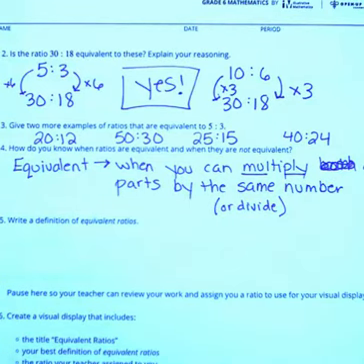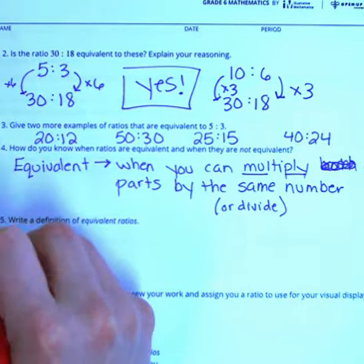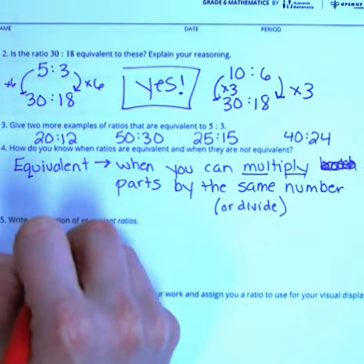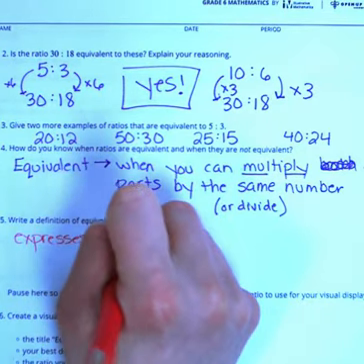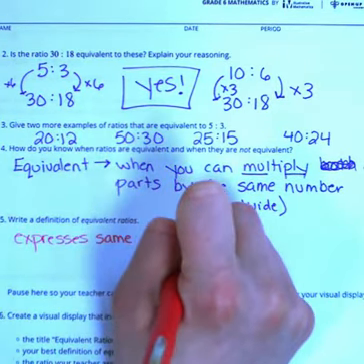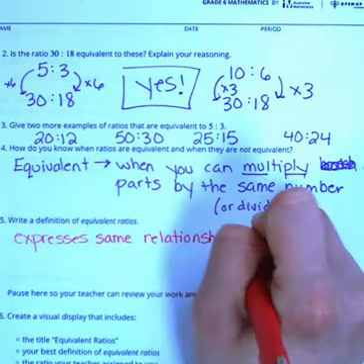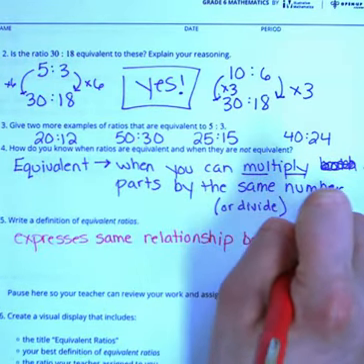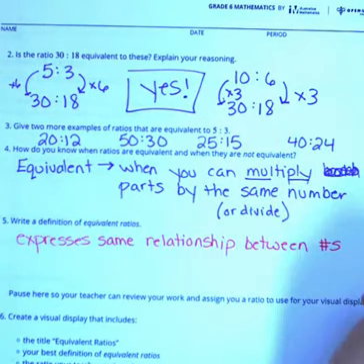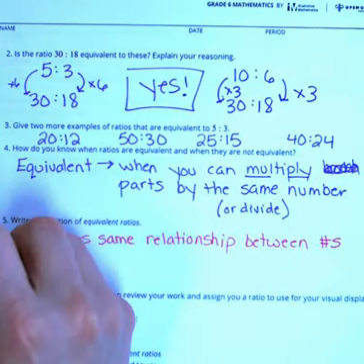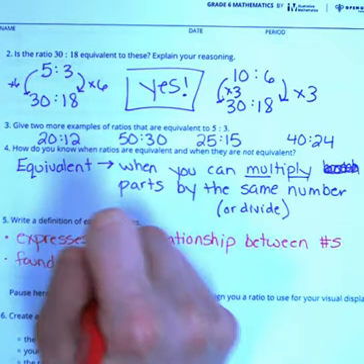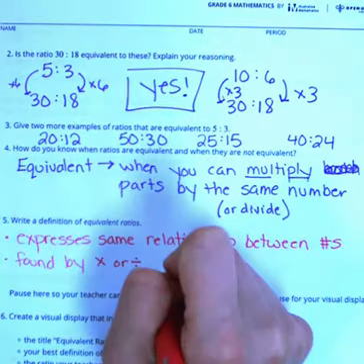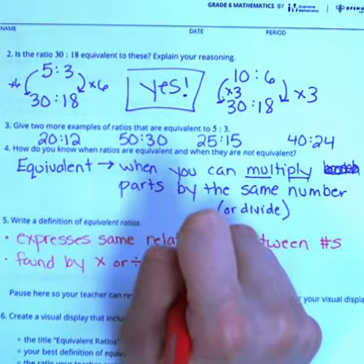All right, next we're going to write our best definition of an equivalent ratio. Okay, an equivalent ratio expresses the same relationship between numbers, found by multiplying or dividing by the same number.